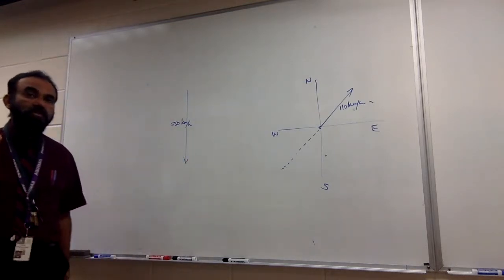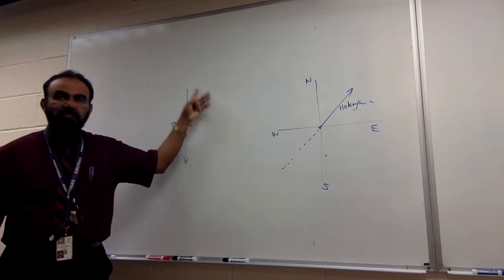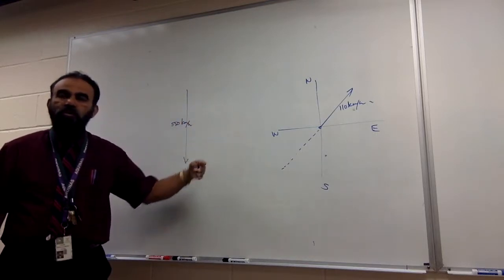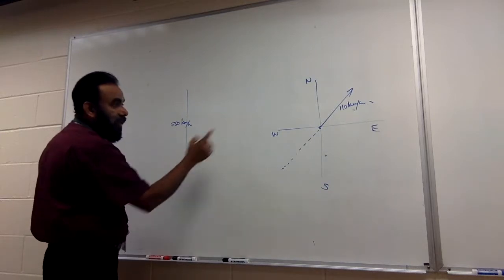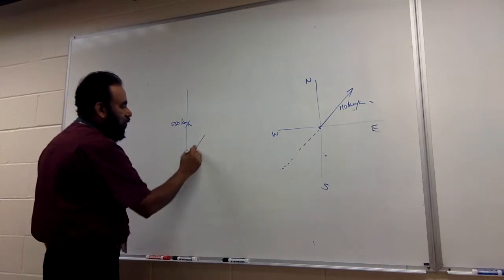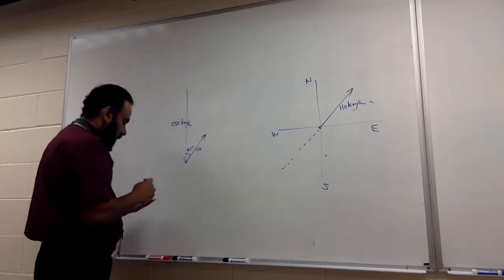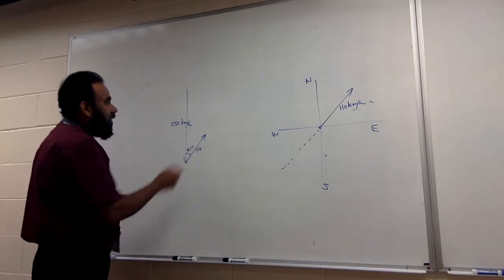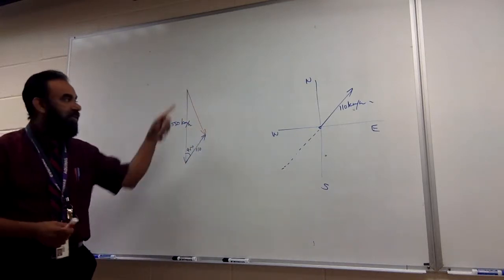If you're using cosine and sine rules, you join this vector with the other vector like that and then draw the resultant, which you can always do just to get a feel of which way the resultant goes. So if the wind is going like that at 110 at a 45-degree angle, the resultant is here. So the plane is actually going to go this way.